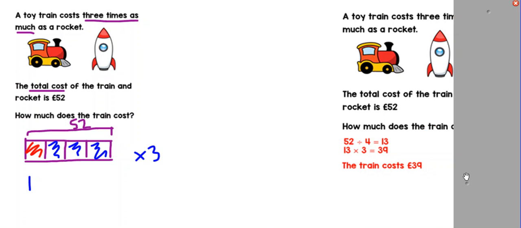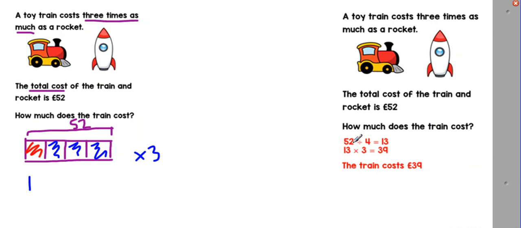Pause the video now and have a go. Let's have a look, shall we? So you would do 52 divided by 4 because you've got 4 bars in your bar model, which is 13. You would then do 13 times by 3. Each one of these here is worth 13.